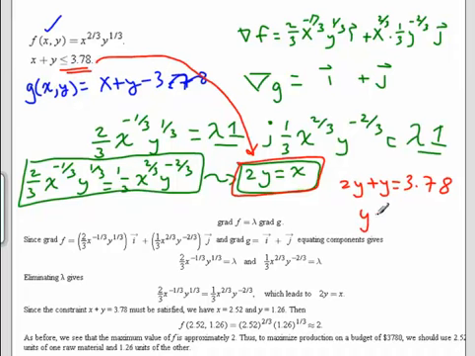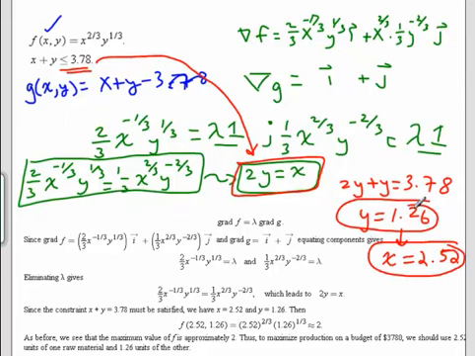Solving this, we get y equals 1.26. And therefore, putting that back into our equation, we get x equals 2.52. So we found the x and y values, the number of each of those products that we need to produce to maximize our profit, or maximize our production, which is what we're trying to do.